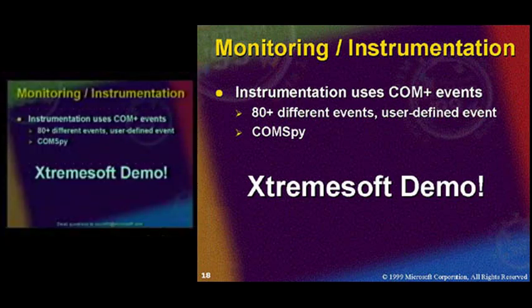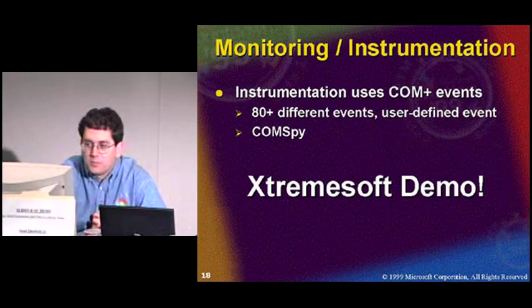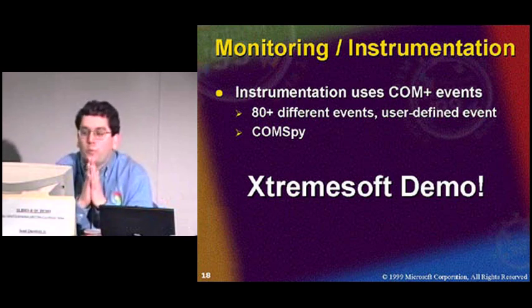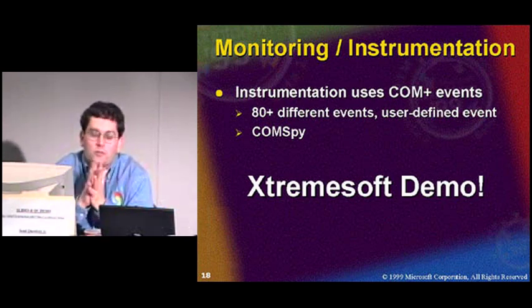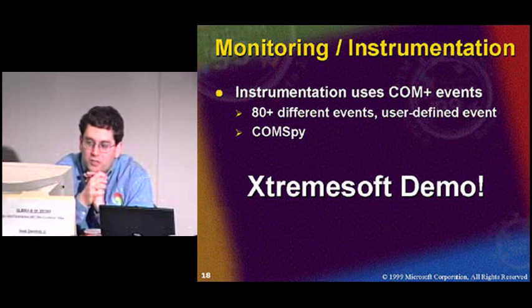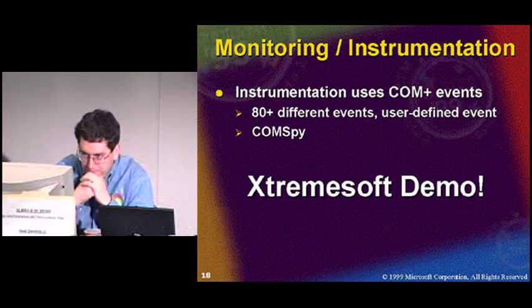So now we have deployed these applications using different mechanisms, IntelliMirror, code download, manual installation, etc. Now we want to monitor this application, and the feature we have in COM+ there is, of course, in the UI rudimentary monitoring that gives you certain component statistics. But we have way more information available that we have provided by instrumenting the COM+ infrastructure itself.